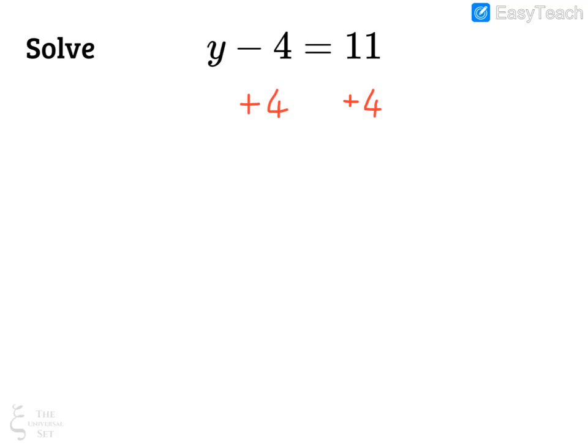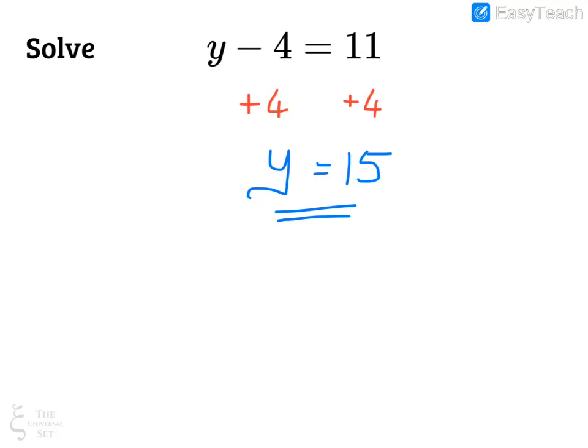So I had this y, I took away 4, but now I'm adding 4 back on, so we get back to where we started, we get back to y. And we've got 11 plus 4. 11 plus 4 is 15. So that is my answer. There's my solution. y must be 15. y take away 4 is 11. Well, that must mean y is 15, because 15 take away 4 is 11.